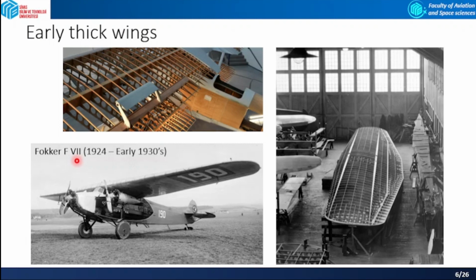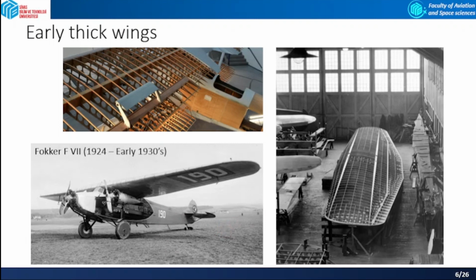And the wing was very thick wooden wing covered by plywood, and the fuselage was a truss structure covered with linen. And the linen had only a protective function, keeping the bad weather and the cold weather outside.